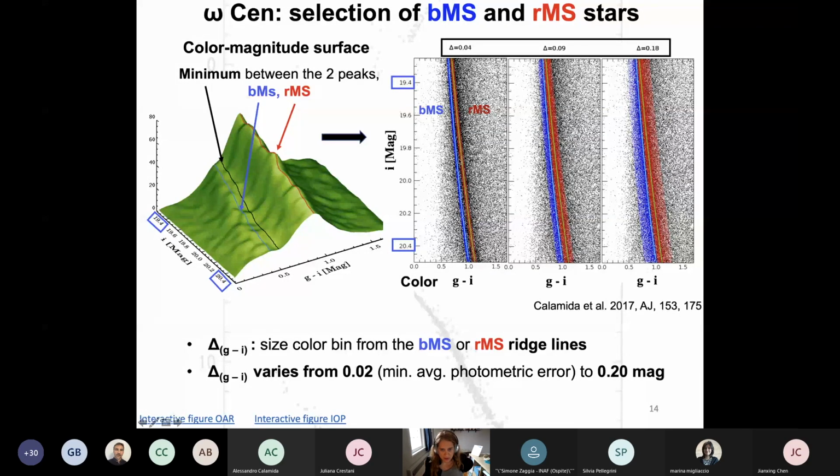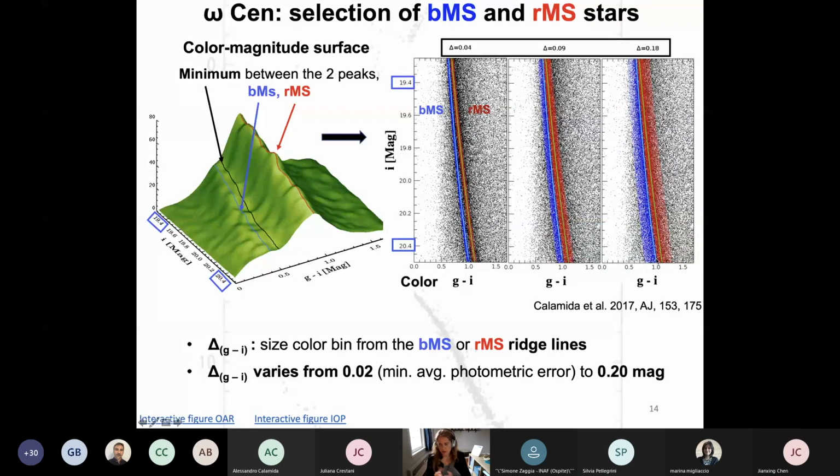Here you see it in green and cyan, with different color bins, the color being g minus i. We started from the smallest, 0.02 magnitude, because this is equivalent to the average photometric error. Then we increased this color bin up to 0.20 max, of course just in this direction, because then we reach the minimum here.